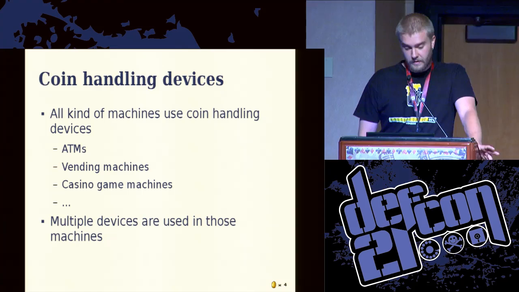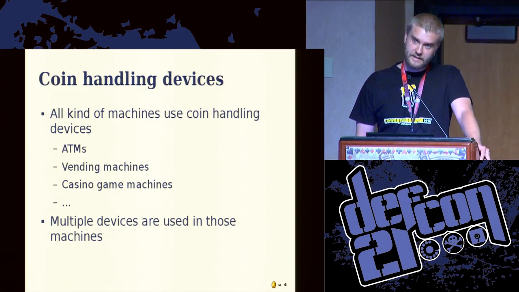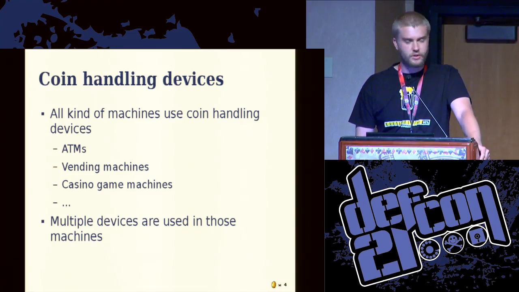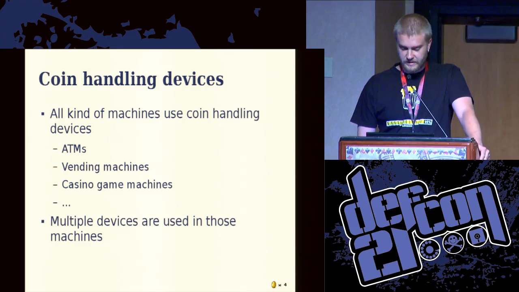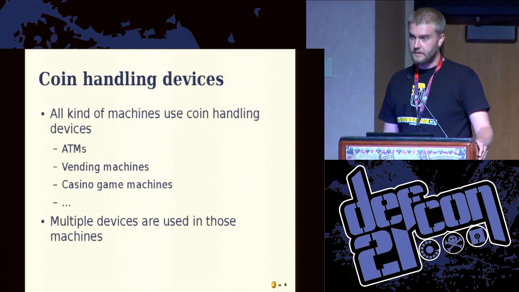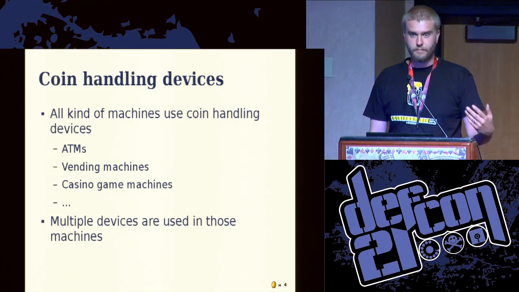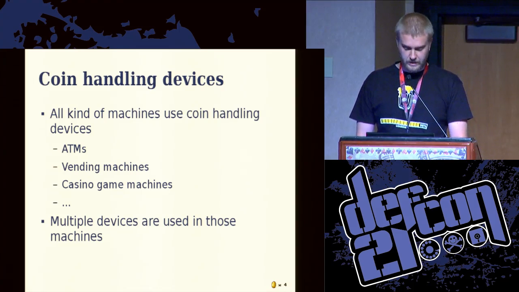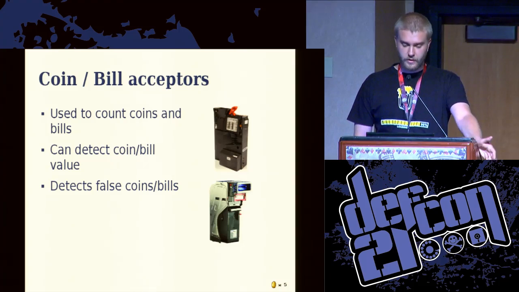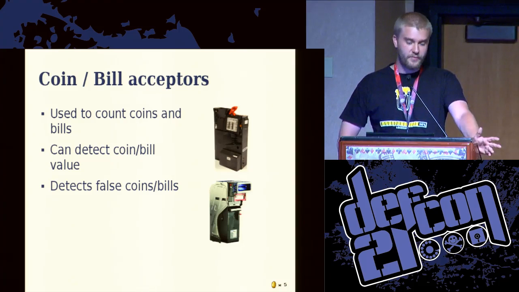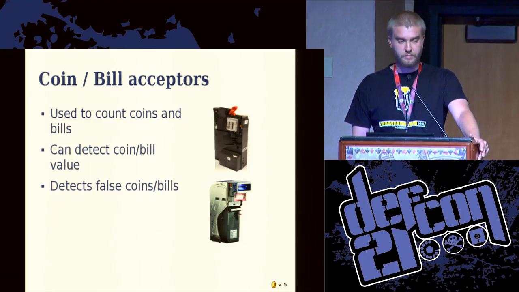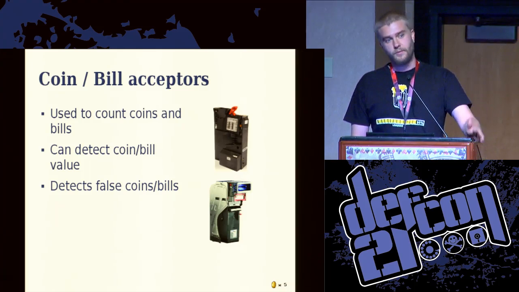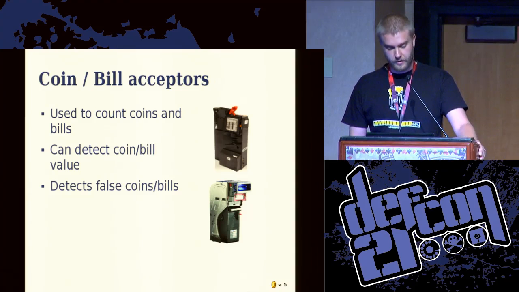First of all, any kind of machines that accept coins or bills are used every day, especially in casinos or in Vegas, like ATMs, vending machines, slot machines, etc. There are multiple devices that are used to process money and give money back. For instance, coin and bill acceptors are used to count coins and bills, and can also detect if you insert a false coin or a coin from another country.